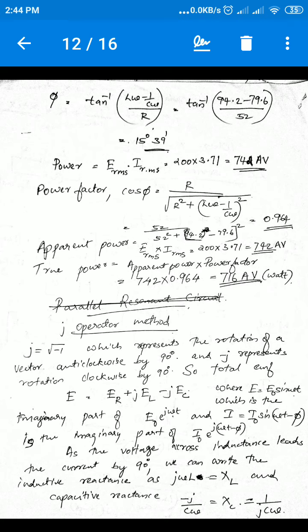Now let us write this E as the sum of the voltages across each component of the LCR circuit.